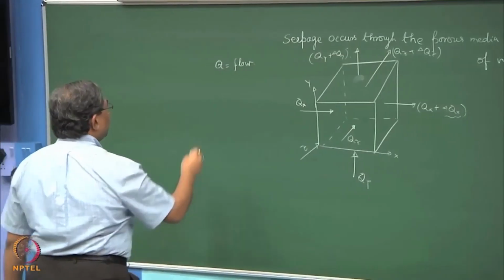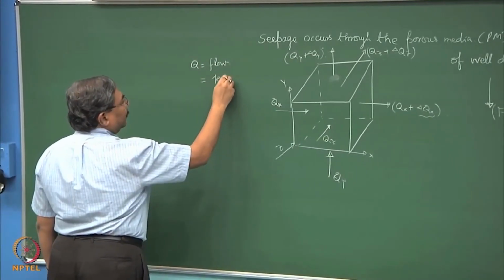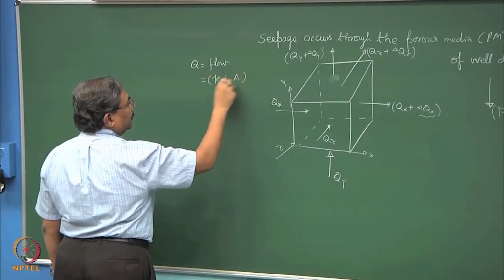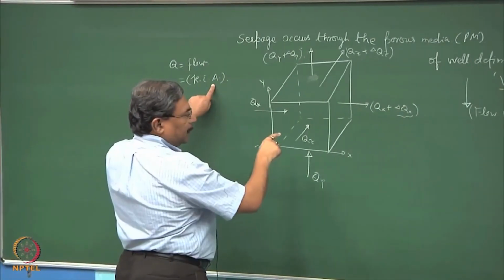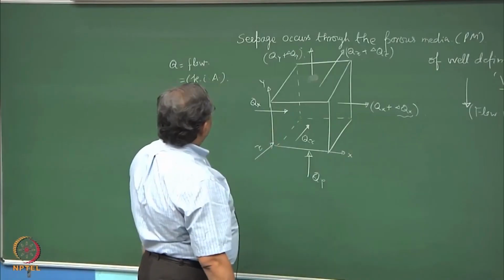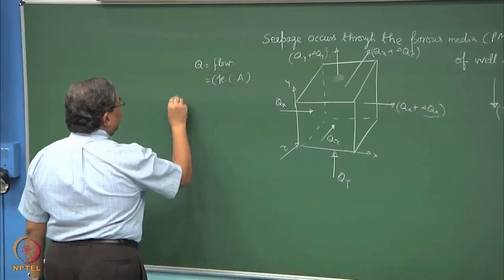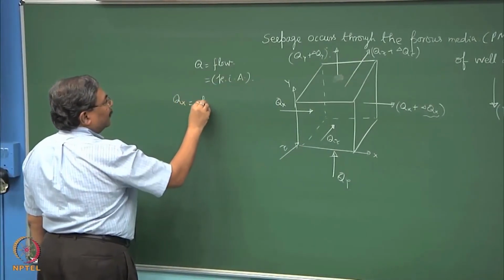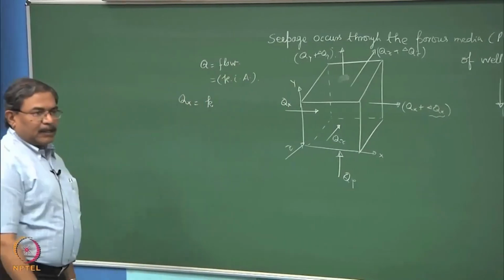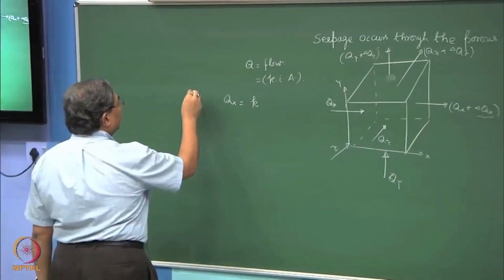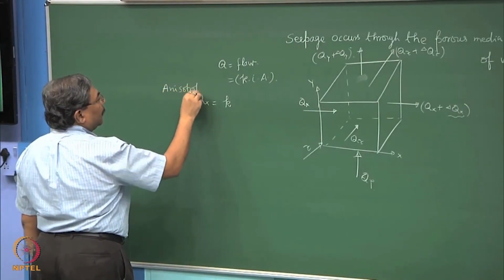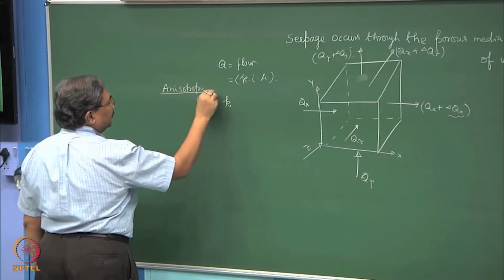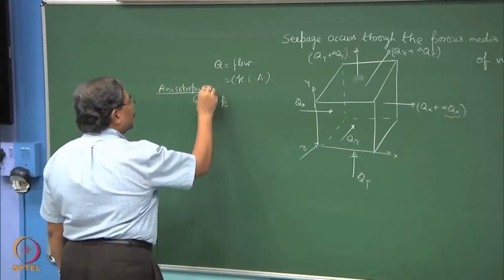Now, I know that Q is equal to K into I into A, where A is the area of cross section across which the flow is taking place. So, for me it is easy to write Qx, and if I consider the soil mass to be anisotropic, so let us generalize the situation, anisotropic porous media.